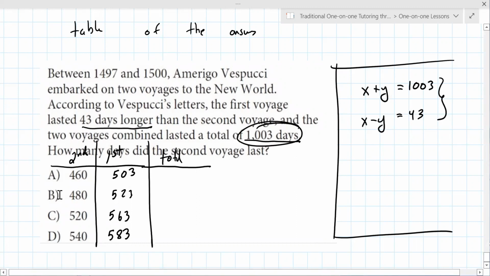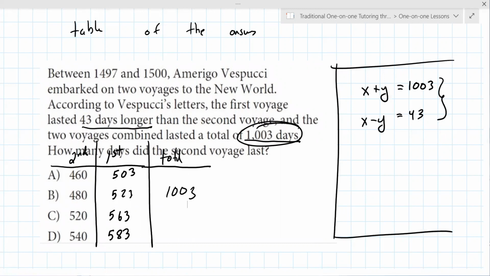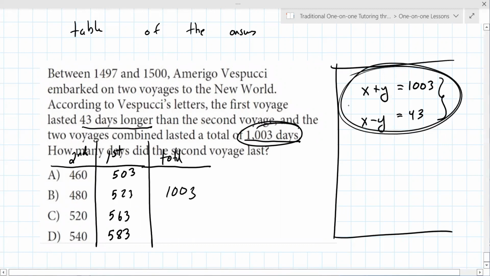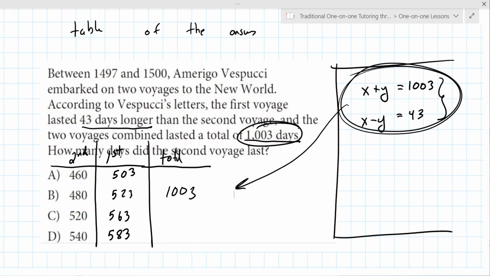Which of these adds up to 1,003? Letter B. So whenever you see a system, you really almost always want to make a table, unless the system can't be solved, unless there's really trickiness to the system. But the table method really does work quite well.